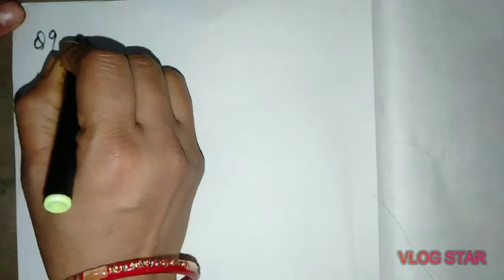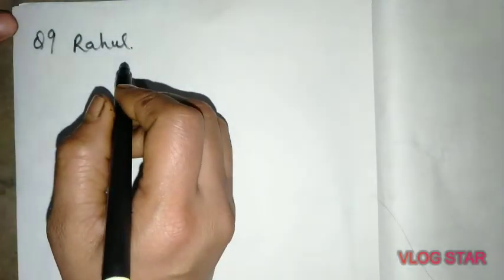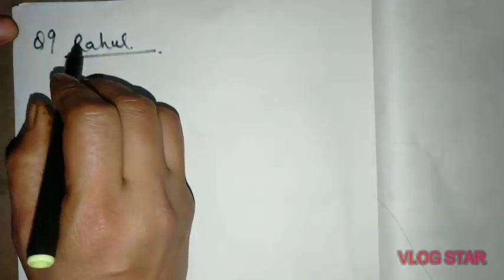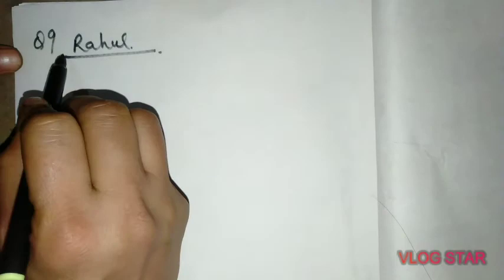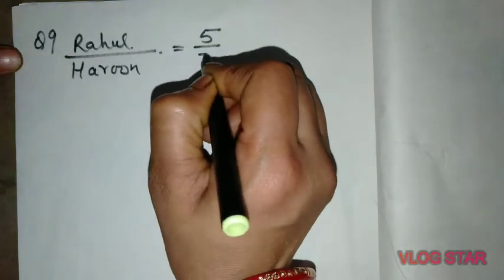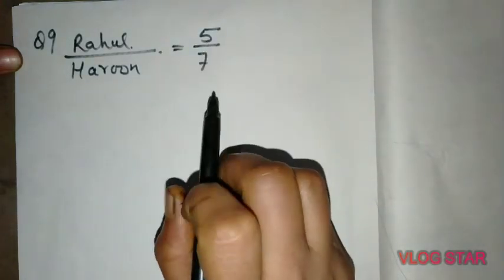The next question is, the ages of Rahul and Harun are in the ratio 5:7. Ratio is given, so we will write it in division form. The age of Rahul and the age of Harun are given in the ratio 5:7, that is 5 upon 7.